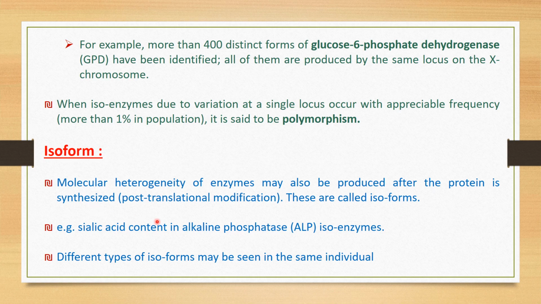So, by post-translational modification, different amounts of sialic acid are added to alkaline phosphatase to create these forms. So, they are actually isoforms. Okay. Different types of isoforms may be present in the same individual, just like lactic dehydrogenase isoenzymes and creatine kinase isoenzymes.